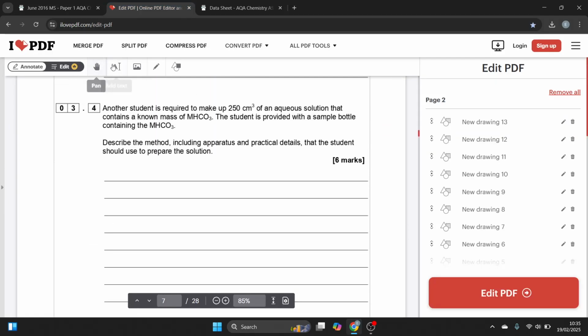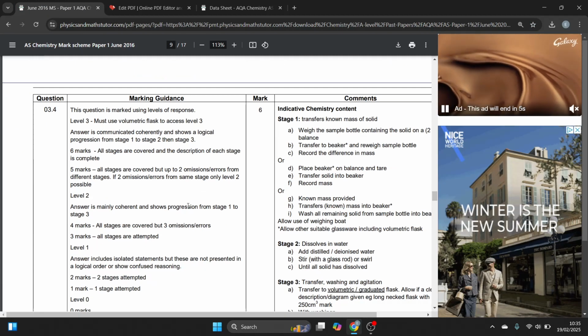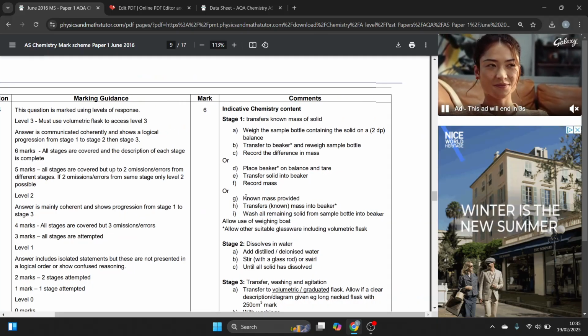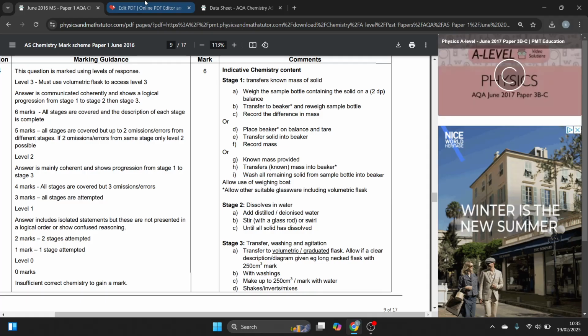Then, a method to prepare the solution. So, 6 marker. Three stages. Stage 1, transfer the mass of solid.